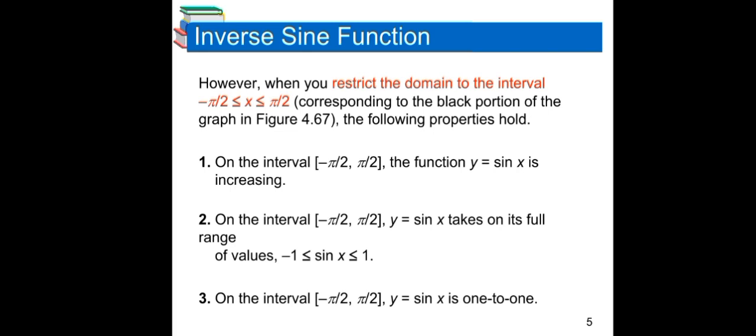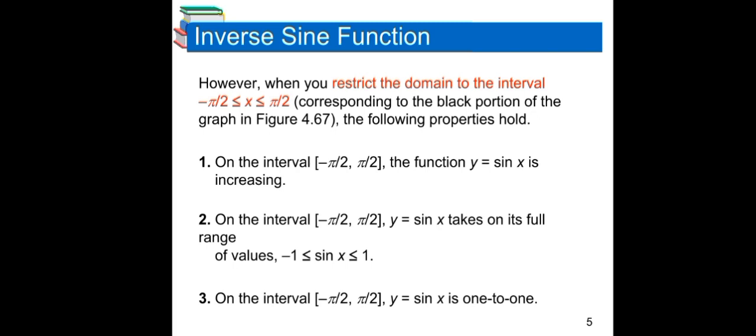However, when you restrict the domain to the interval negative pi over 2 less than or equal to x less than or equal to pi over 2, corresponding to the black portion of the graph in Figure 4.67, the following properties hold. Number 1, on the interval negative pi over 2 to pi over 2, the function y equals sine x is increasing.